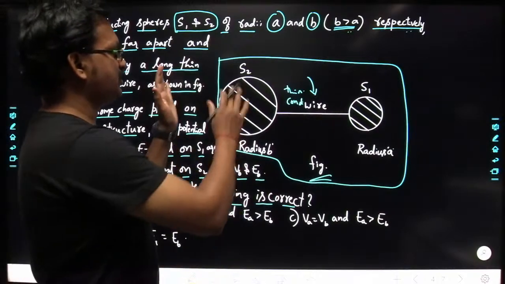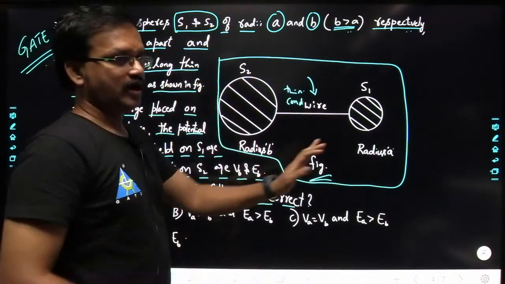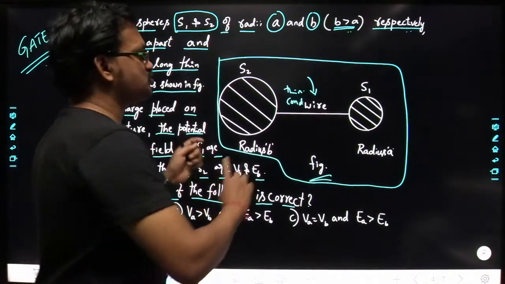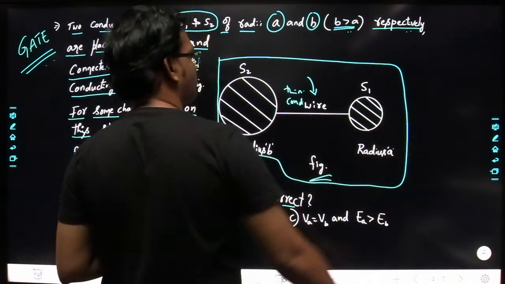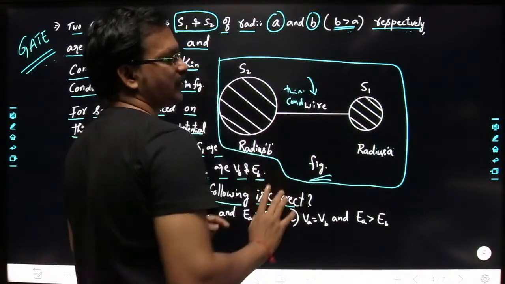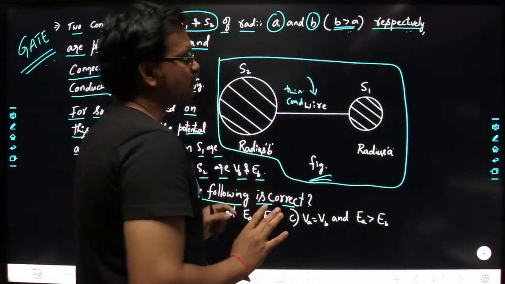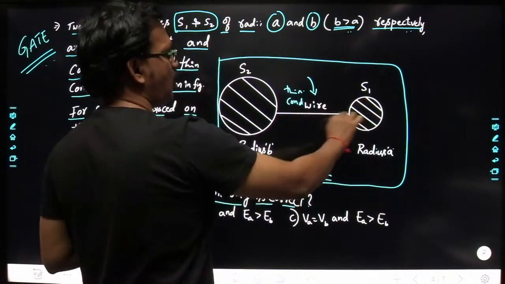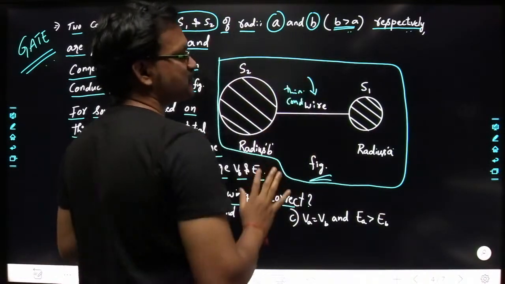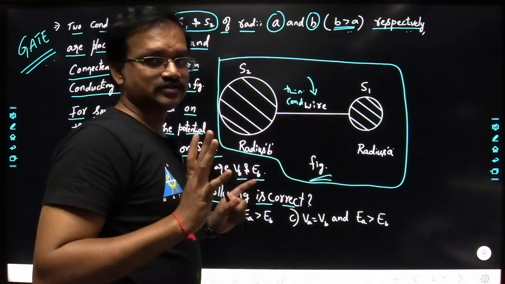Here you have a metallic sphere S2 and here another metallic sphere S1. These two are placed very far apart from one another and are connected with a long thin conducting wire. Whenever they are connected with a long thin conducting wire, what will happen? This total will behave as a single conducting system, yes or no?